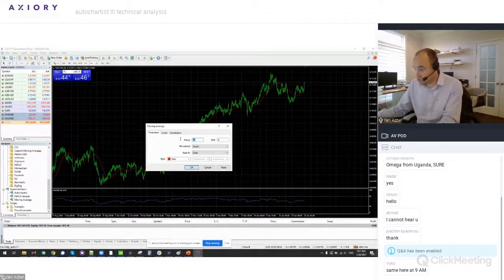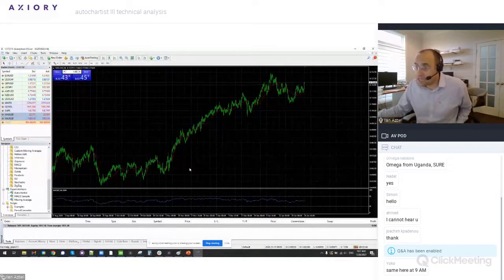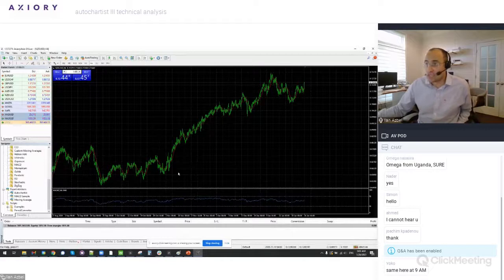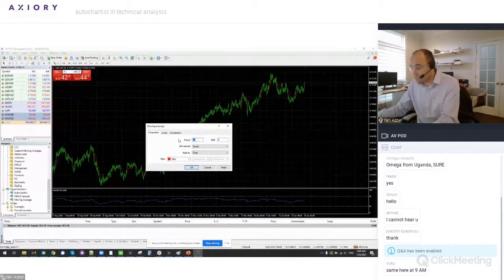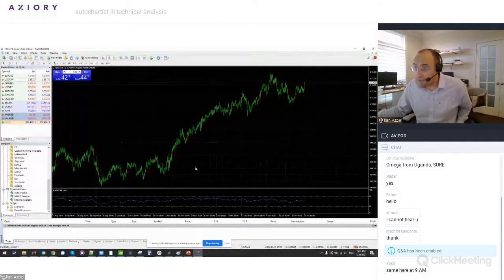Let's see how low I have to go for it to really mimic it. Aha, look at that. So 10, I'm starting to get the kind of movement that I want. I'm starting to get turning points around the kind of movements that I want to see, but a little bit too much noise. So maybe I'll make it something like 15.